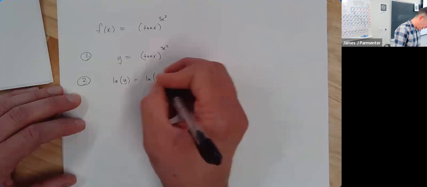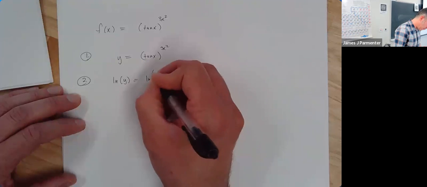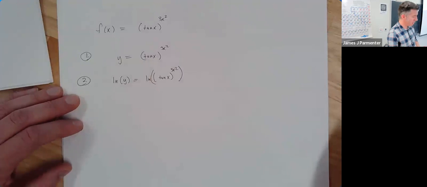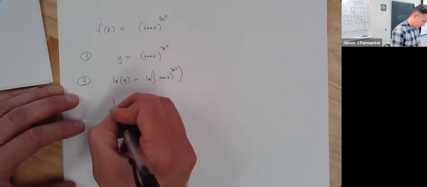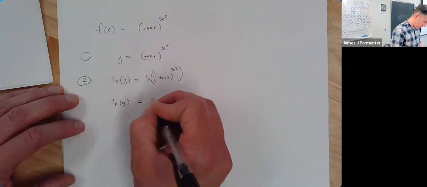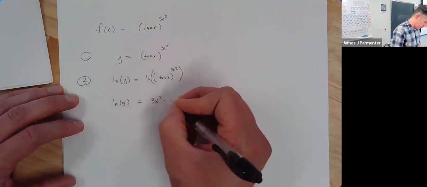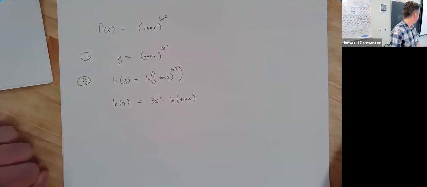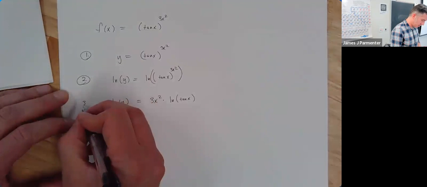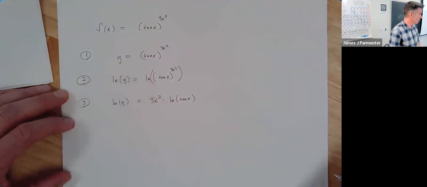The reason we do that is so that we can bring down the power on tangent of x. So this is going to get rewritten as the natural log of y equal to 3x squared times the natural log of tangent x. And now we're finally in a position to differentiate both sides.